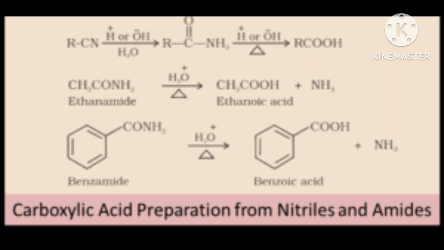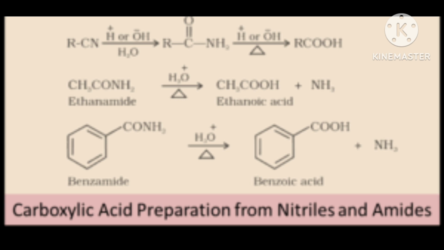One more positive charge was there, so it will make a double bond. First OH will join because on carbon 2 plus charge is there. Correct? Now 1 OH will join, then 1 positive charge is remaining.